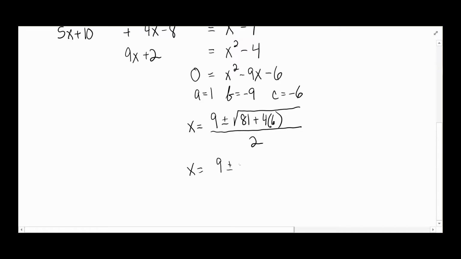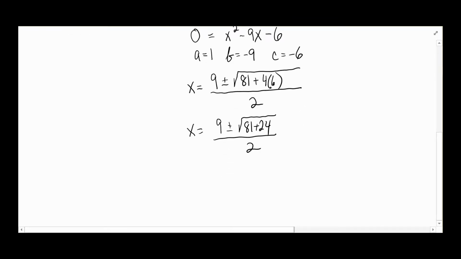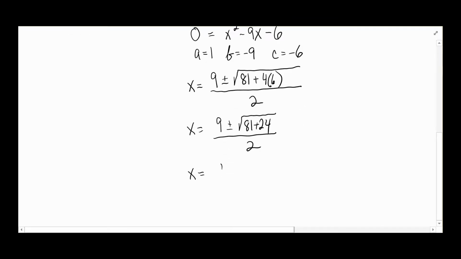So as we simplify up here, we get 81 plus 24 underneath the radical. 81 plus 24 is 105. I don't believe there's any perfect squares that divide evenly into 105, so this is as good as we can get.